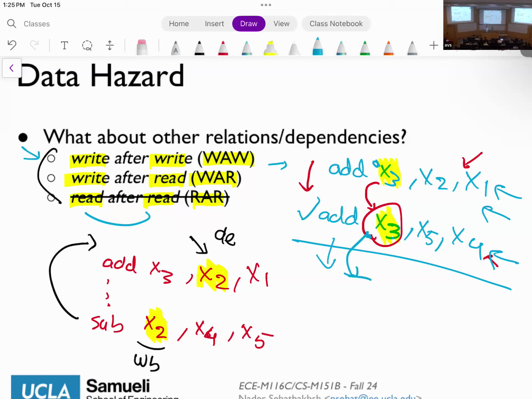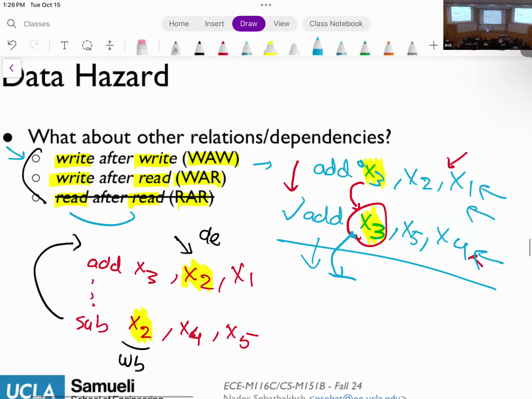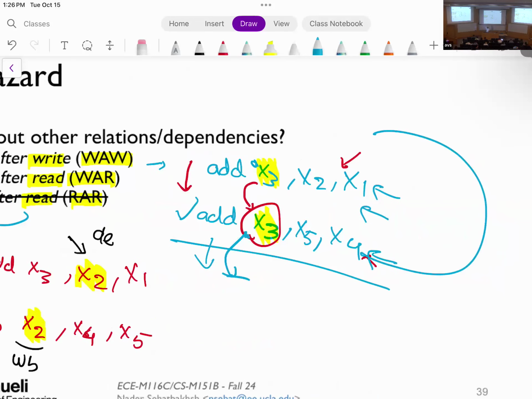So essentially, write after write will be a problematic issue only if I somehow reorder these instructions. If I run this add before this add, then I'm going to have this problem. If I'm writing things in order, then I'm not going to have a problem. OK.